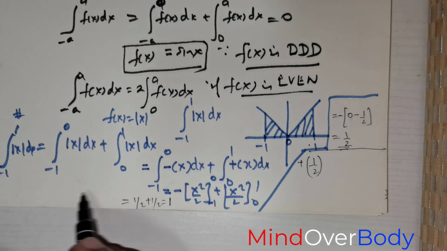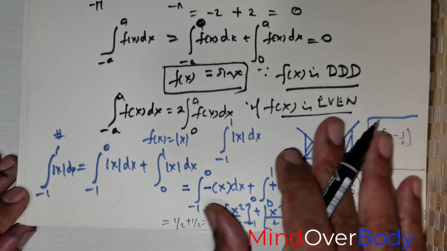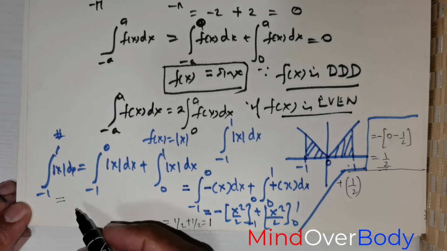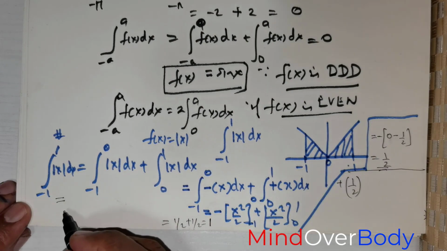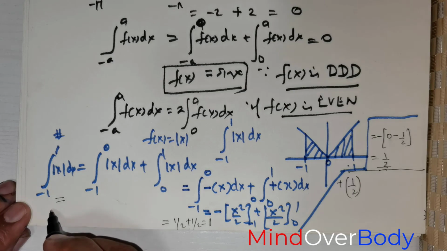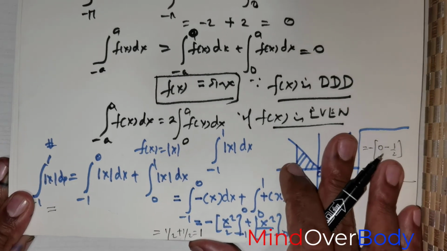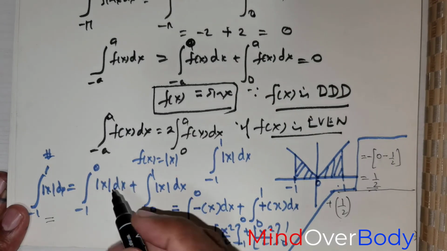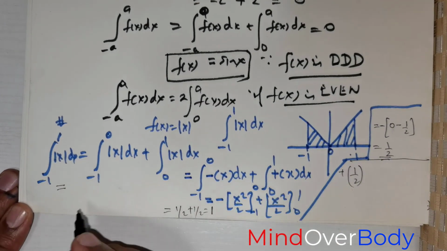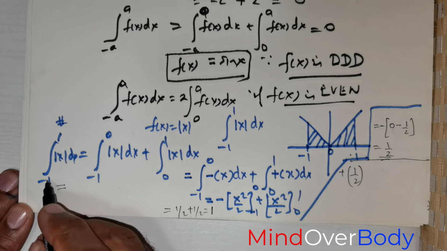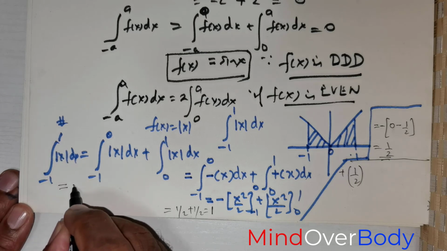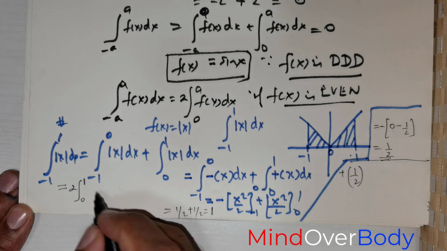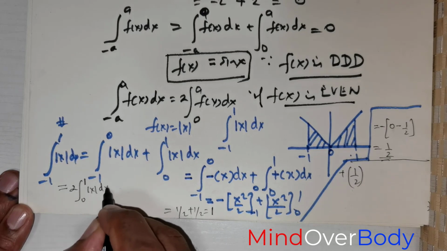Now let me check the other possibility, or I would say what happens if I were to rewrite. So let me use the space here. What will happen if I were to write integral negative 1 to 1 as 2 times integral 0 to 1 of modulus of x times dx?